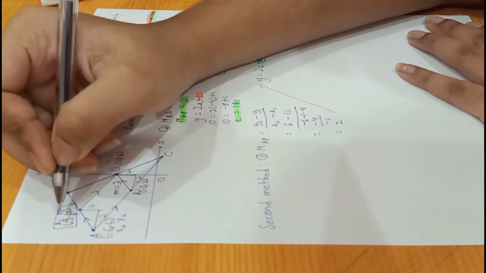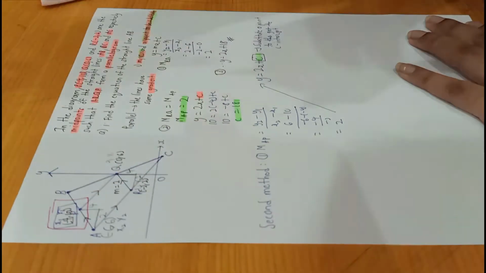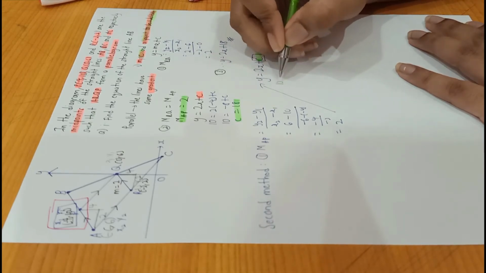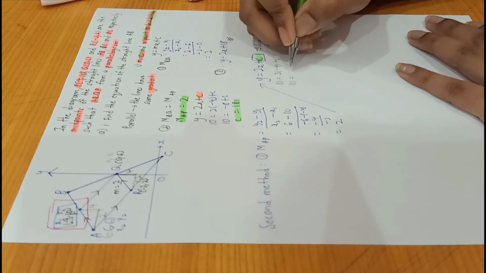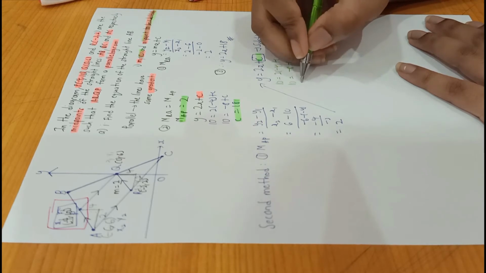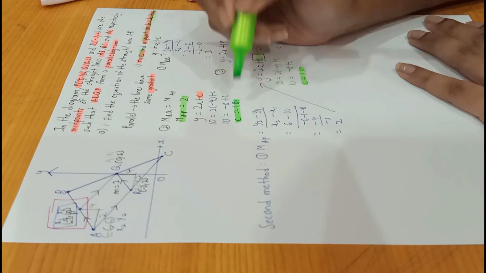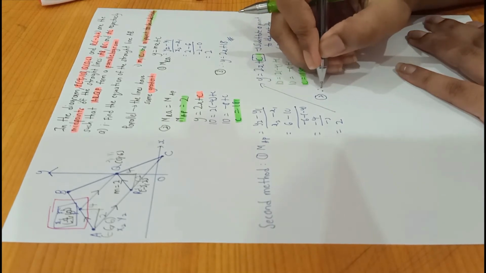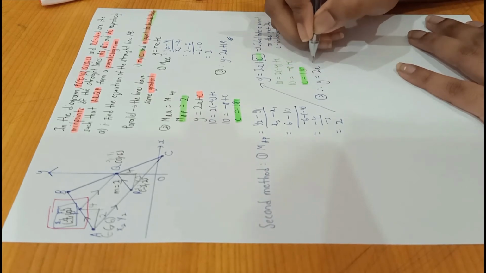I will take the point negative 4 and 10. When I substitute the point, 10 equals 2 bracket negative 4 plus c, 10 equals negative 8 plus c, and c equals 18. Do you see? Both values of c are the same. So the equation of the straight line AB is y equals 2x plus 18.